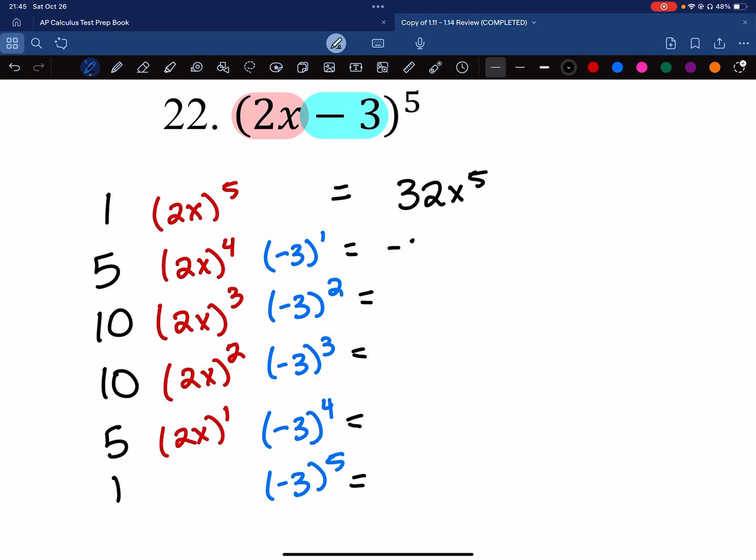Again, you could use a calculator for that, but that should be 240 x to the fourth. 10 times 2x to the third times negative 3, that would be 10 times 8x cubed times 9. And so 9 times 8 is 72 times 10. That should be 720 x to the third.